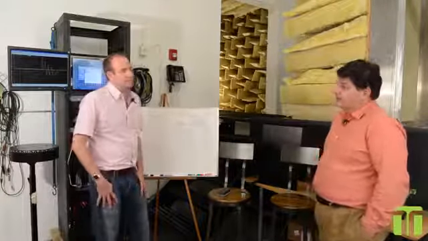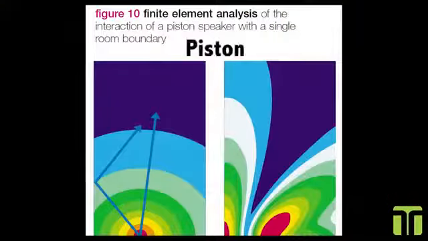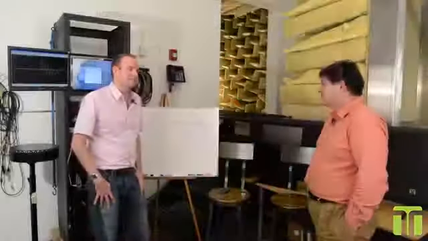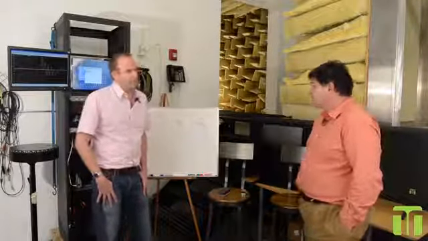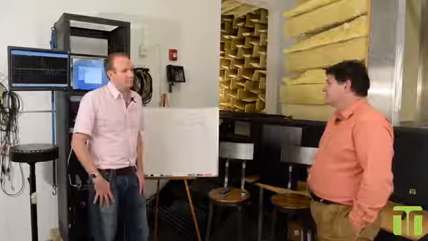You have so much summation anywhere near a boundary, and so much cancellation usually in the middle of the room because the arrival time of the reflections creates complete degradation of the output. Kind of doing the same thing by using a DML.